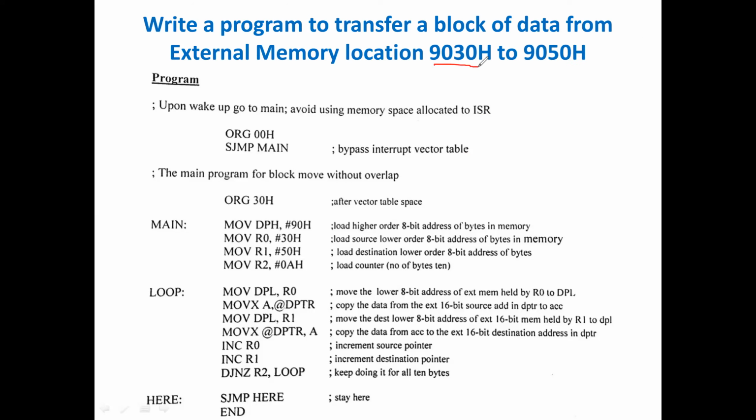If the controller executes MOVX, then it is going to communicate with external RAM. But before that, which address are you going to communicate with? That is the particular memory address from where you are going to take the data or push the data.